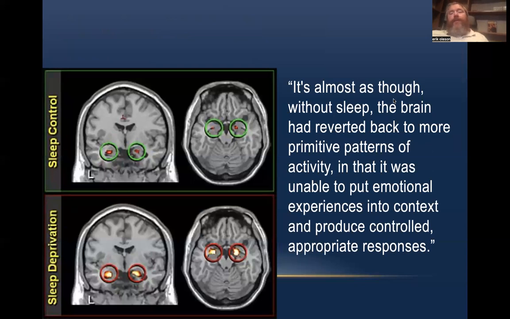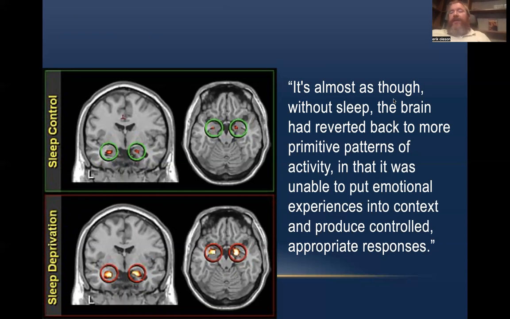This is a quote basically trying to make the argument here that perhaps, in mammals in particular, sleep could involve the inability of the cortex to control what we think of as our more sort of animal brain, like the limbic structures, the basal ganglia structures that are more conserved across all vertebrate species.